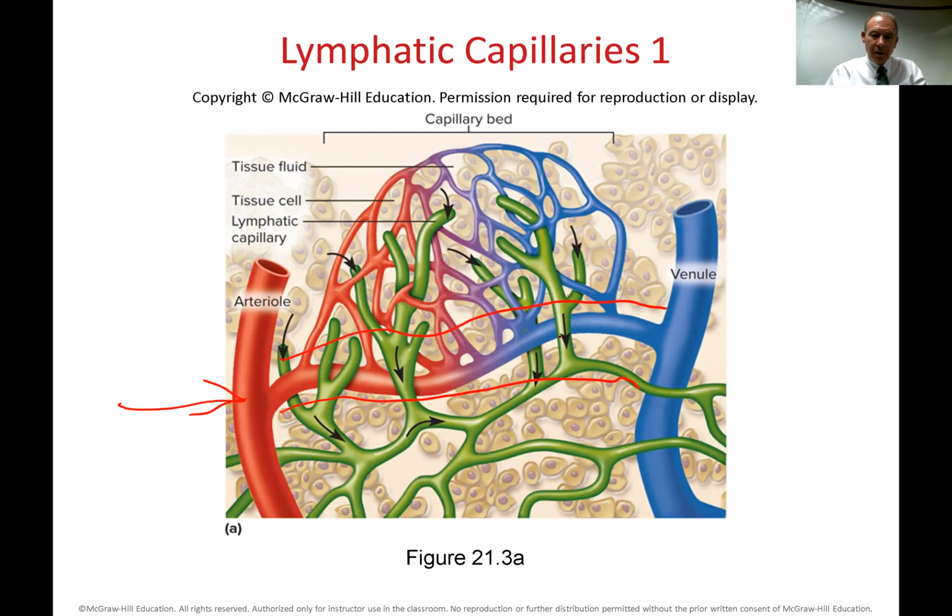So in between there, you can see that there are numerous cells. This could be cells of any portion of the body. Those green structures are lymphatic capillaries. There's a beginning, which we see, and take my word for it, there is an end to it.